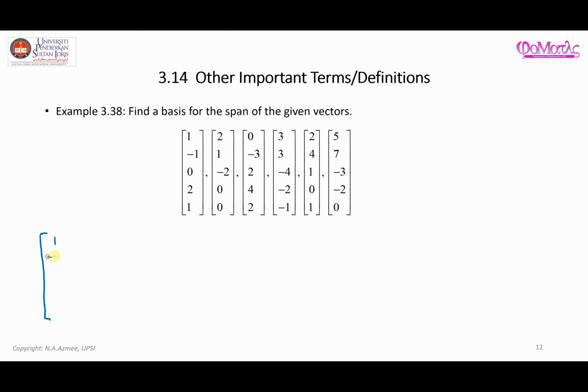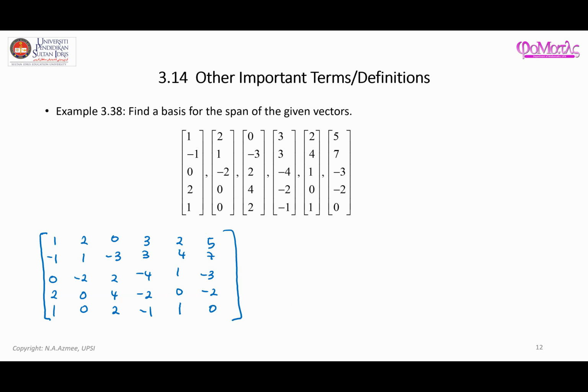1, negative 1, 0, 2, 1, 2, 1, negative 2, 0 and 0, 0, negative 3, 2, 4 and 2, 3, 3, negative 4, negative 2, negative 1, well, 2, 4, 1, 0, 1, 5, 7, negative 3, negative 2, and 0.